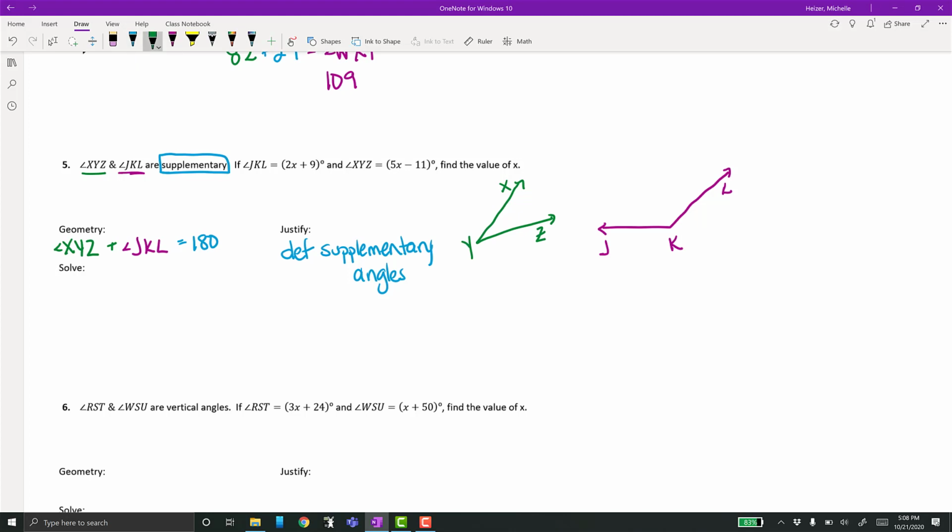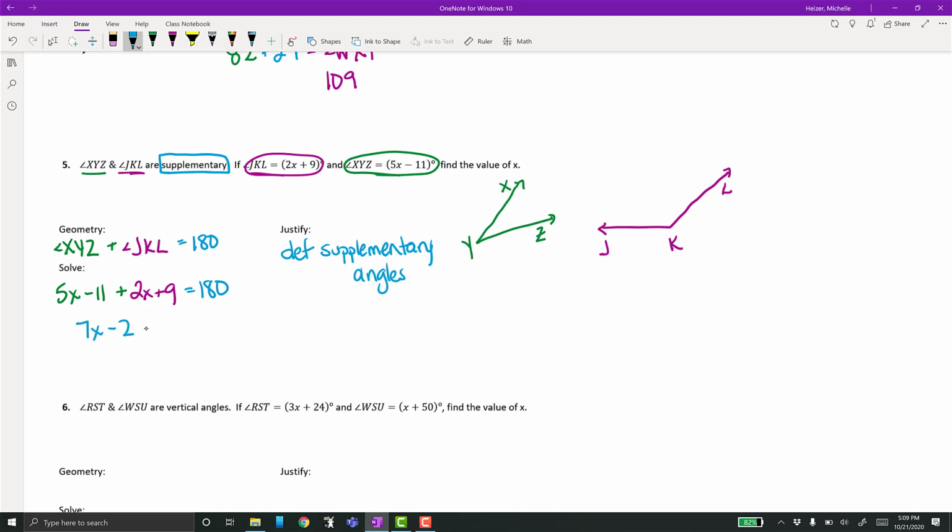So now once we have that, we can write our algebra down. XYZ is this expression here, 5x minus 11, plus JKL is here, 2x plus 9, equals 180. So take all these and we're going to solve. So combine my like terms.